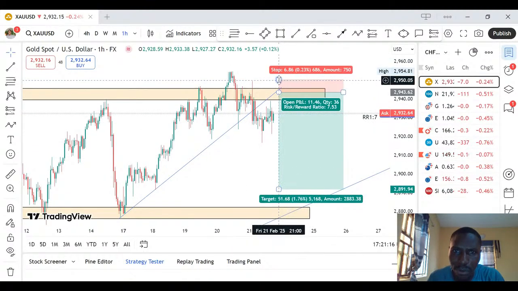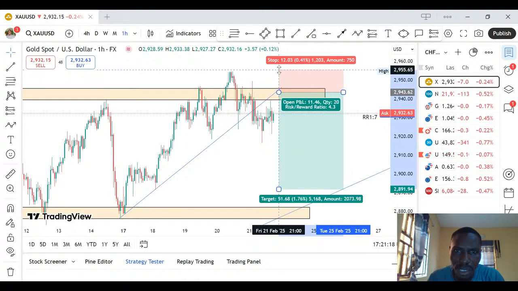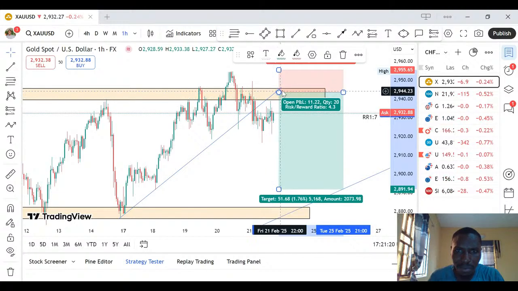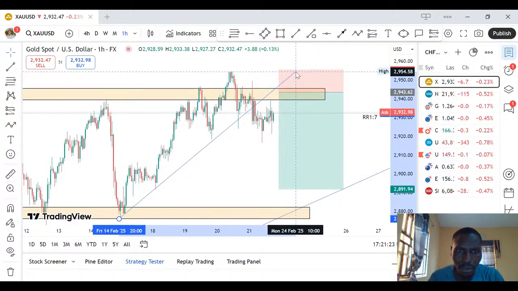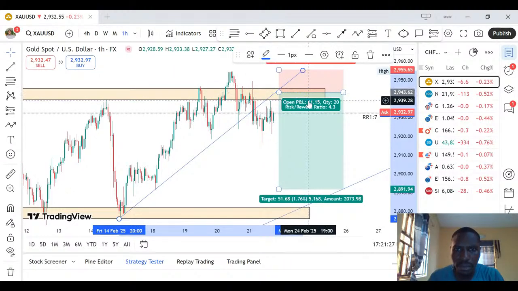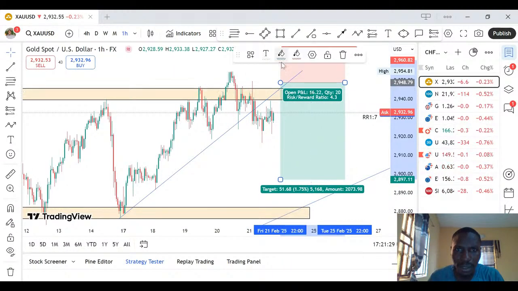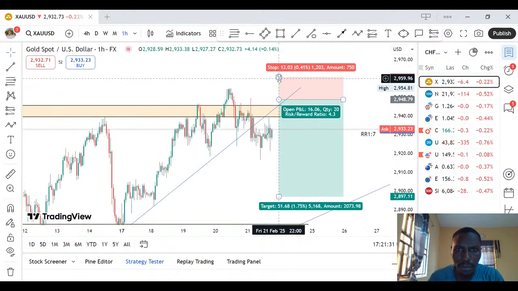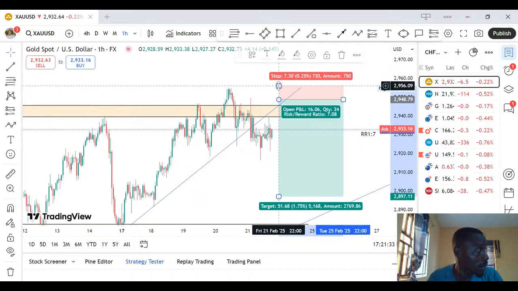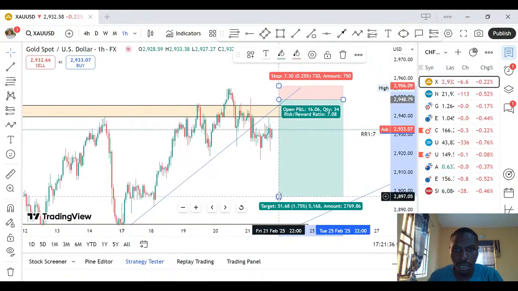You've already seen it, because I really believe this price. I would prefer this to be here. So I believe the price will dance more around this place.